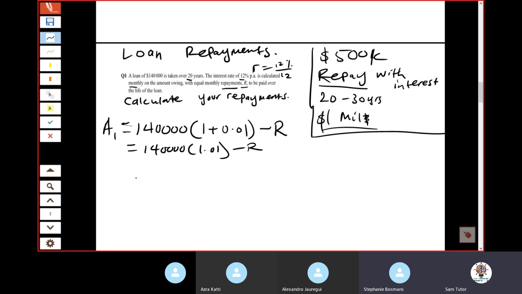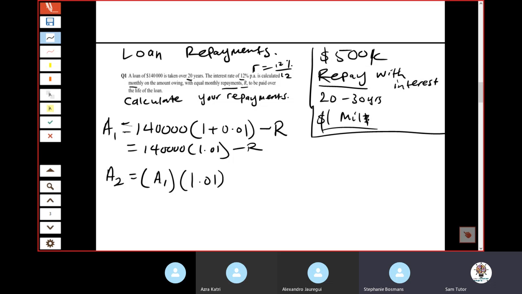Okay, A2. Steph, let's try A2 together. Think of A2 like this: this is the amount of money you had left at the end of the first month, whatever that amount is. We don't know, we're going to try to work out what R is soon. A2 is going to be the amount you had left in A1, and that's going to grow by 1.01.